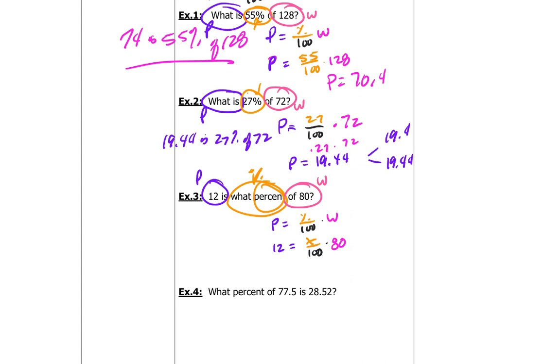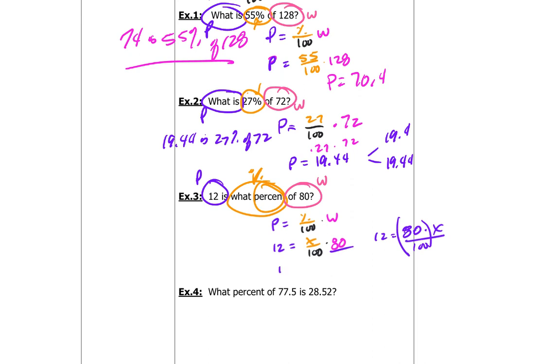Now the next one, that's where you see it gets a little harder. This is where you distinguish between, are you better to use the percent equation or percent proportion? If we look at this, we can understand that this is going to be the same thing as 12 equals 80 times x over 100, which means we could just isolate those two and say that's 0.8.